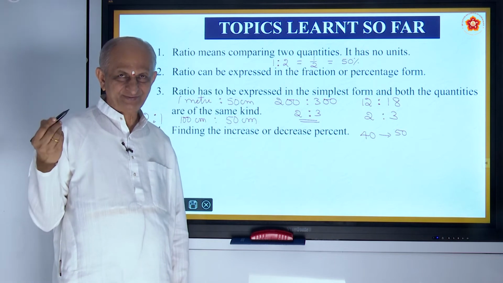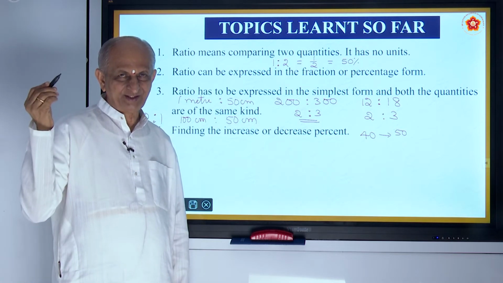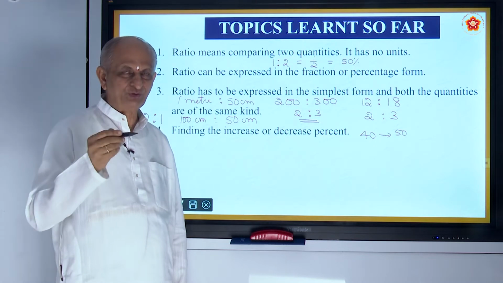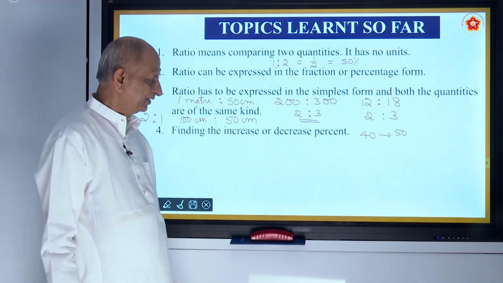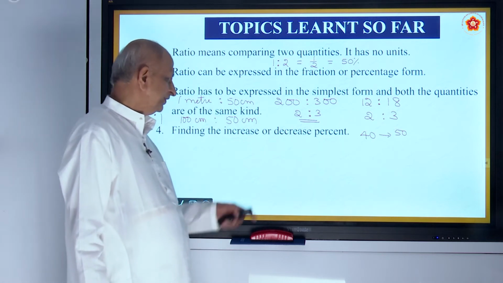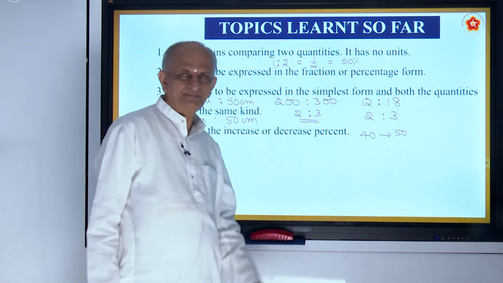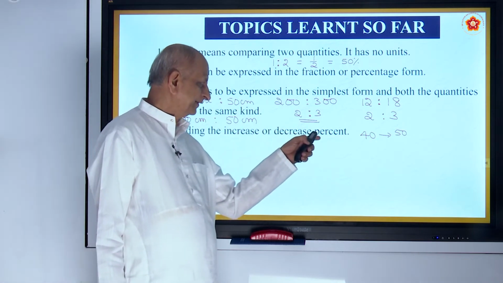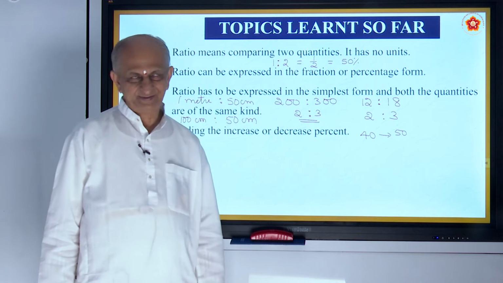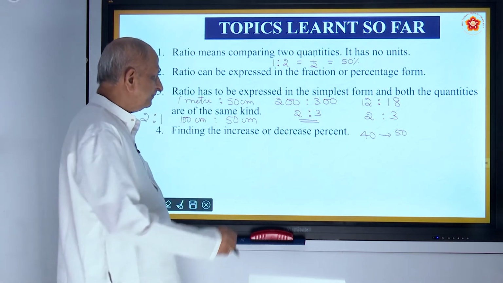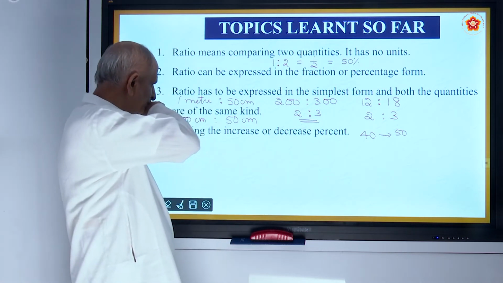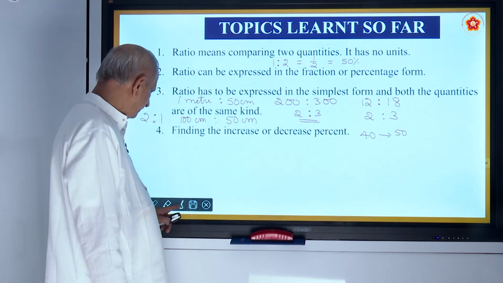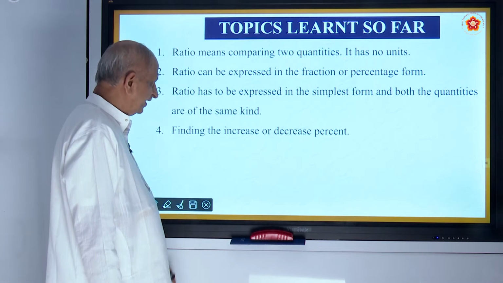Petrol rate was 113 rupees, 117 rupees. Now it is reduced to 108 rupees. So there is a decrease, and that decrease or increase can be represented in terms of percents. Percent means per 100. How much, you must find out. Okay, so that's all we have seen in the previous classes.